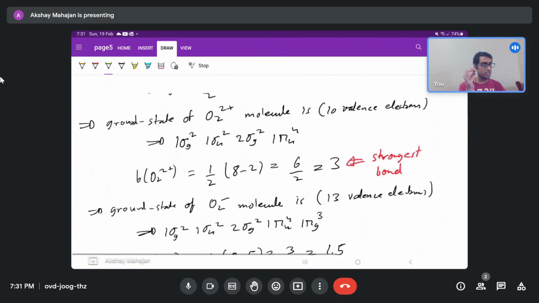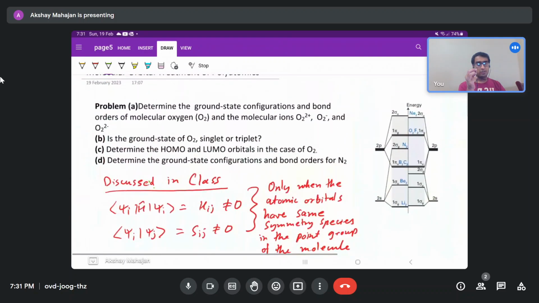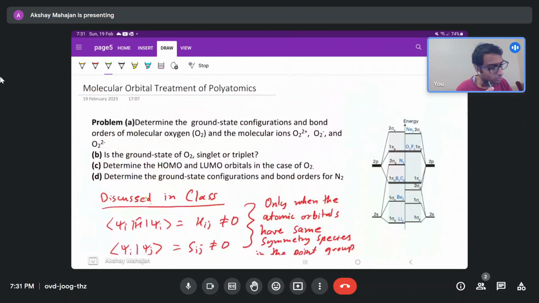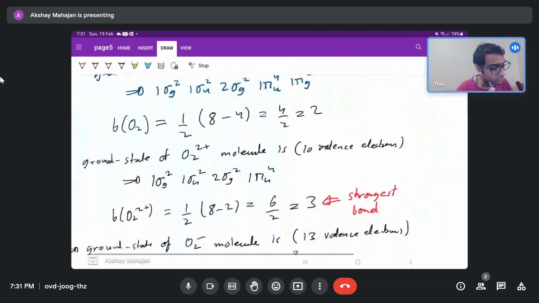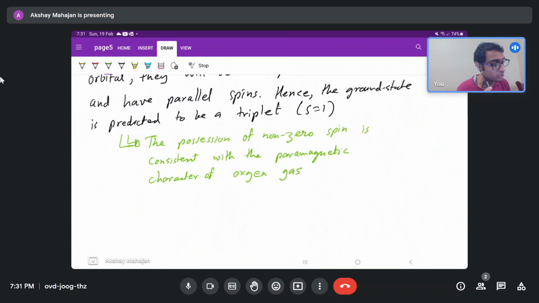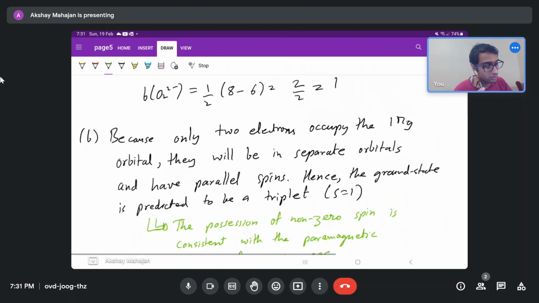Although we are doing a very qualitative calculation, you can see what other things this qualitative calculation can give. The ground state of the O2 gas is predicted to be triplet, and that actually explains the experimental result: the non-zero spin is consistent with the paramagnetic character of oxygen gas. So although this is qualitative, it also gives us some idea about experimental findings.